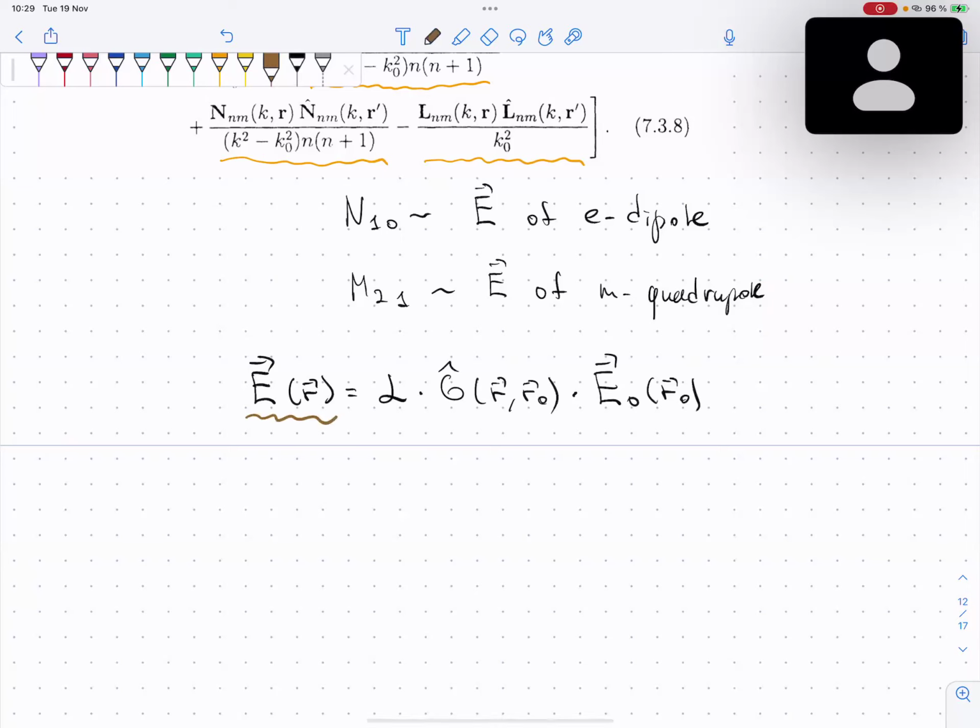This is basically the electric field of a dipole, and this is the incident electric field.